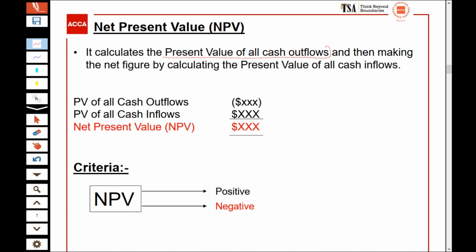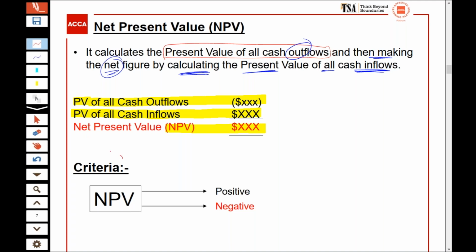Remember, here it is written present value of all cash outflows. And then making the net figure by calculating the present value of all cash inflows. This is my present value of all cash outflows, this is the present value of all cash inflows, and this is the net present value.